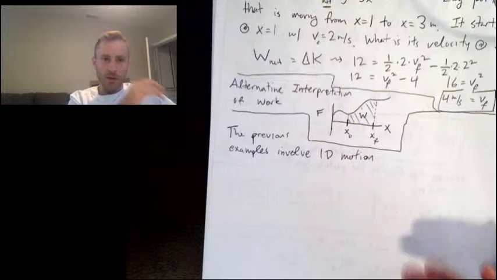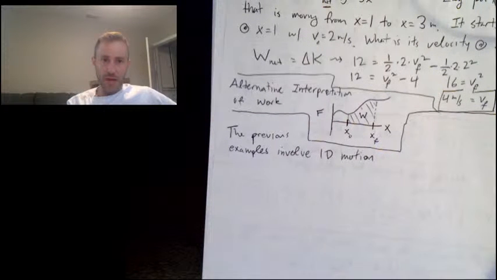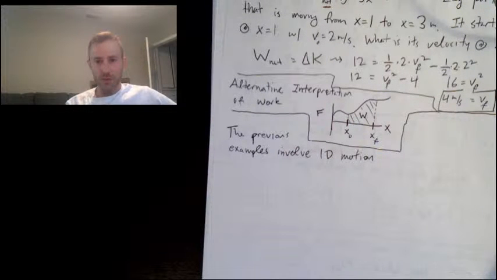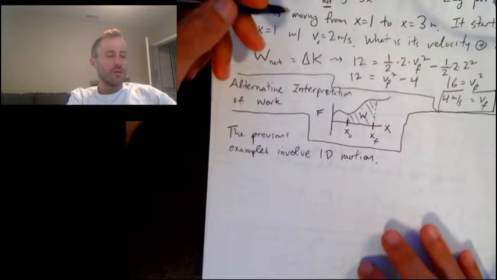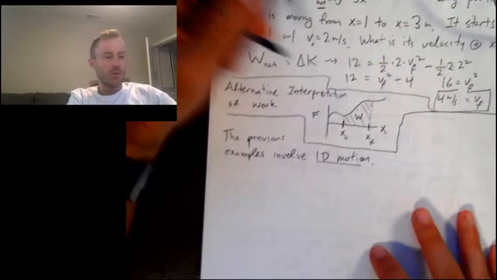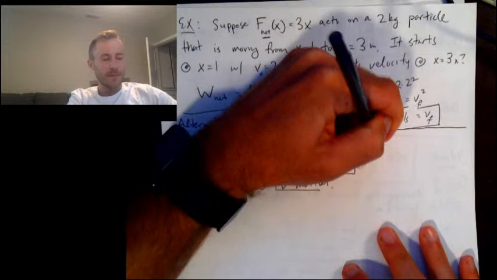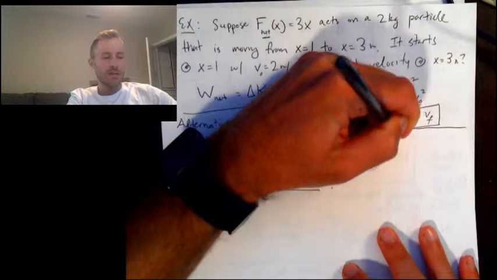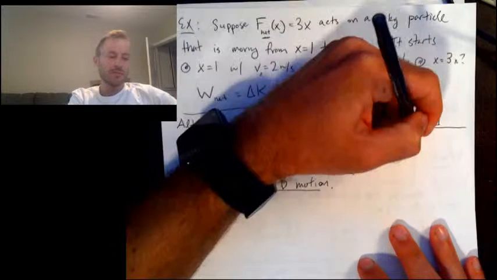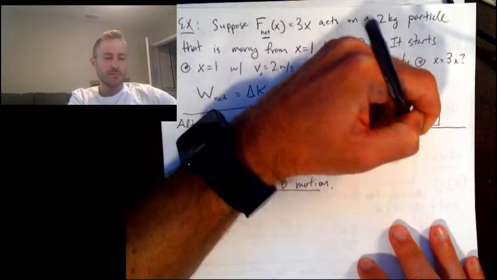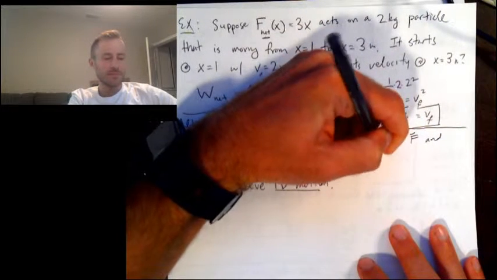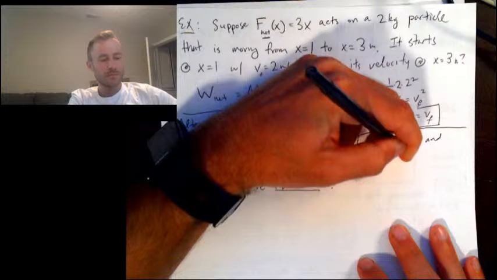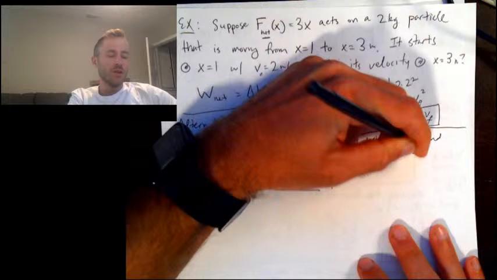We have a particle that is moving along the x-axis only. So the question is, what if the force and the displacement do not point in the same direction?